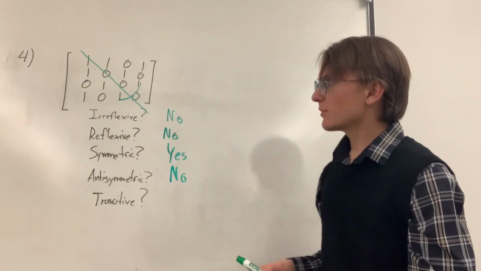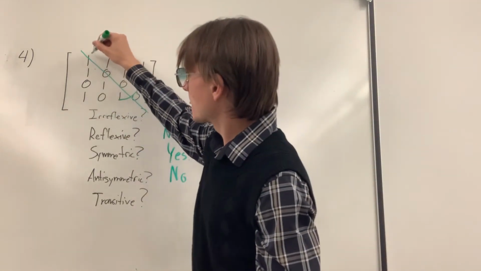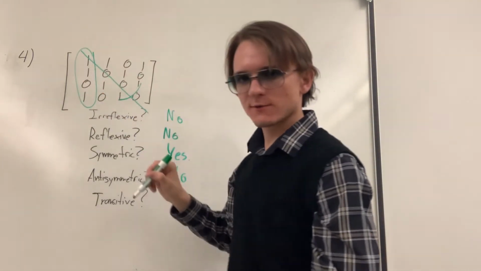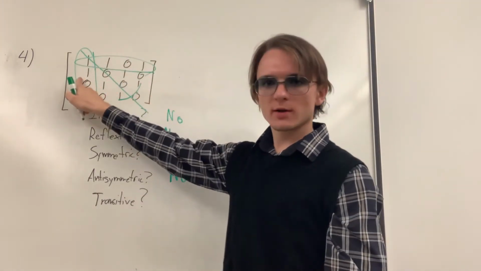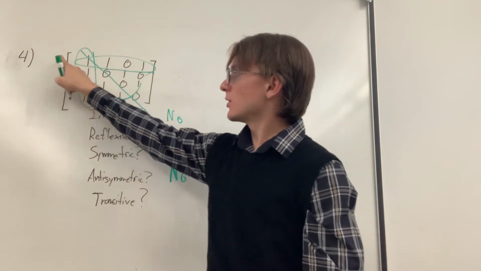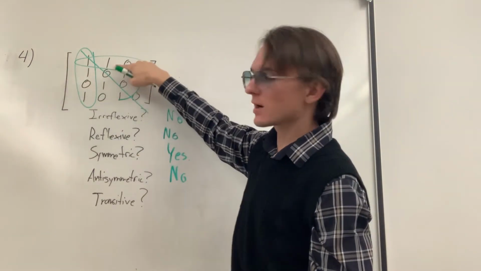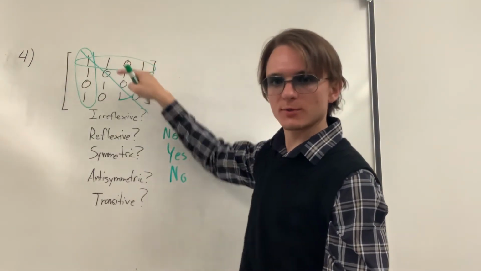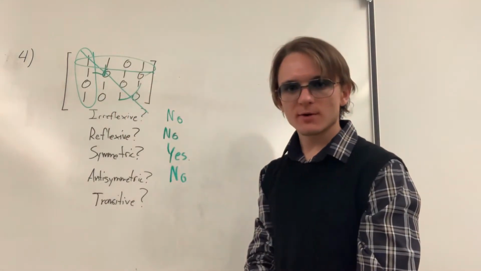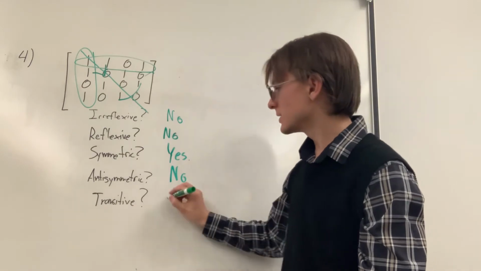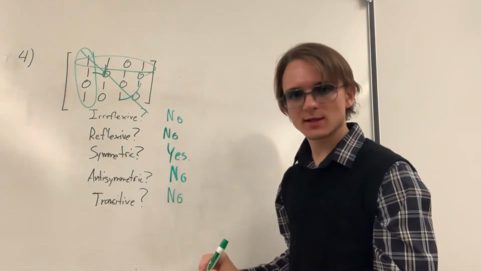Well, we can kind of eyeball it. We have this first column and this first row. There's a 1 in this spot, 2, 1, and there's a 1 in this spot, 1, 2. However, they intersect at a 0, so therefore it is not transitive.